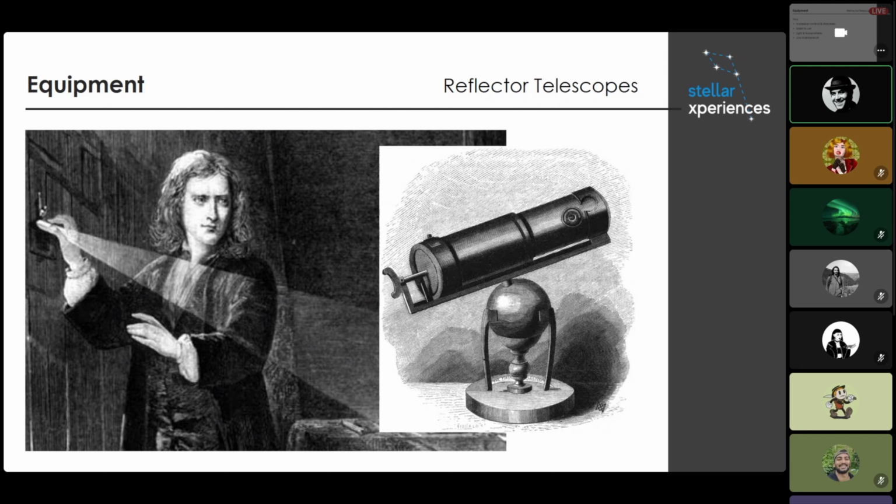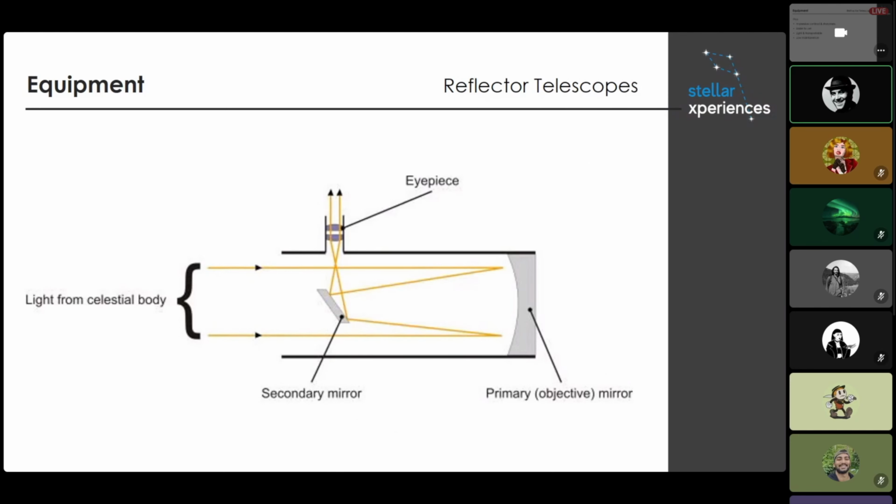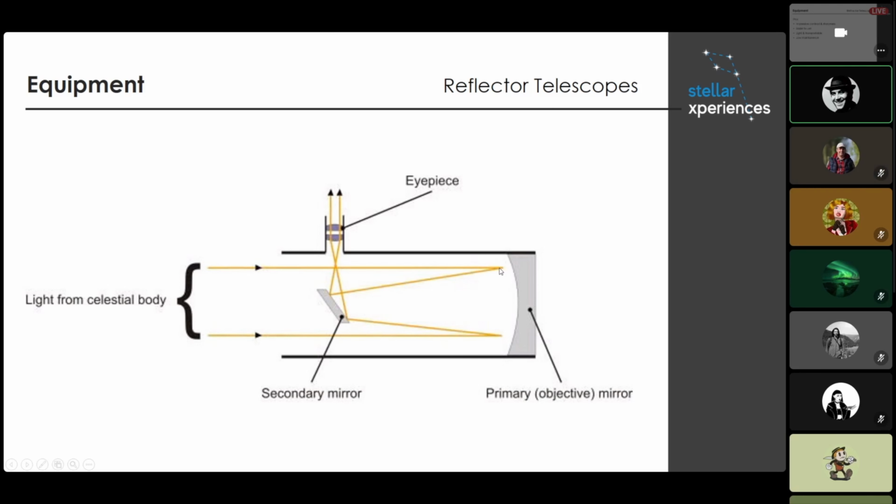to collect light and create vision from the mirror. So this is the cross-section of a reflector or Newtonian telescope. Here we have the primary mirror. The light coming from the celestial body comes from here, and it is collected by the primary mirror.